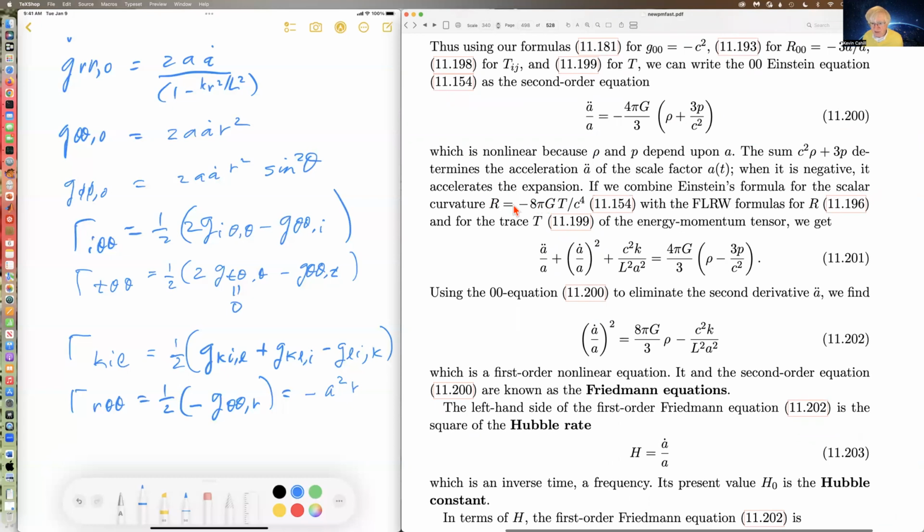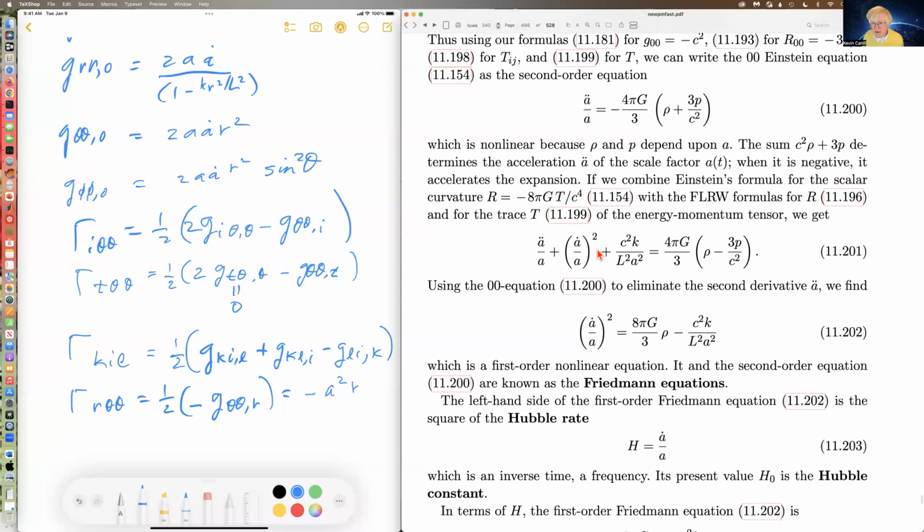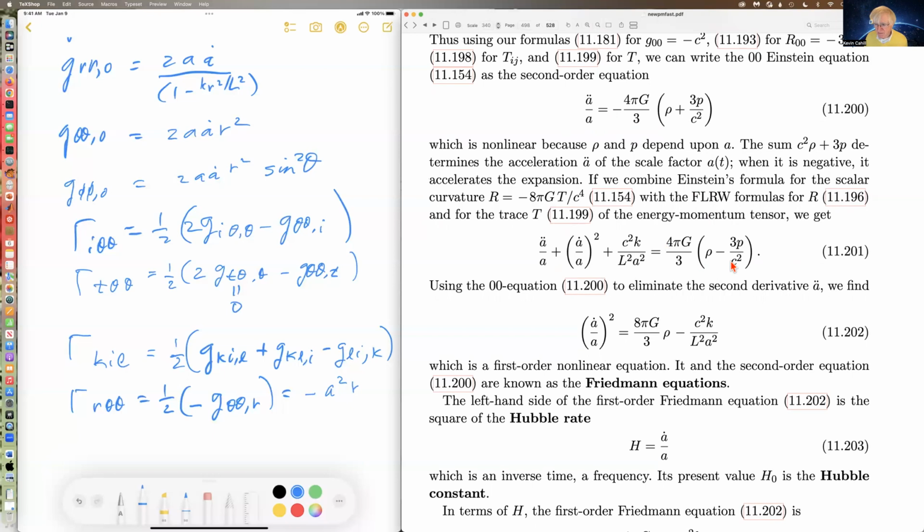The Einstein formula for the scalar curvature is just R is proportional to the trace of the energy momentum tensor. And so putting that into this, what we get is A double dot over A plus A dot over A squared plus this equals, and then the energy momentum part gives us this expression here.